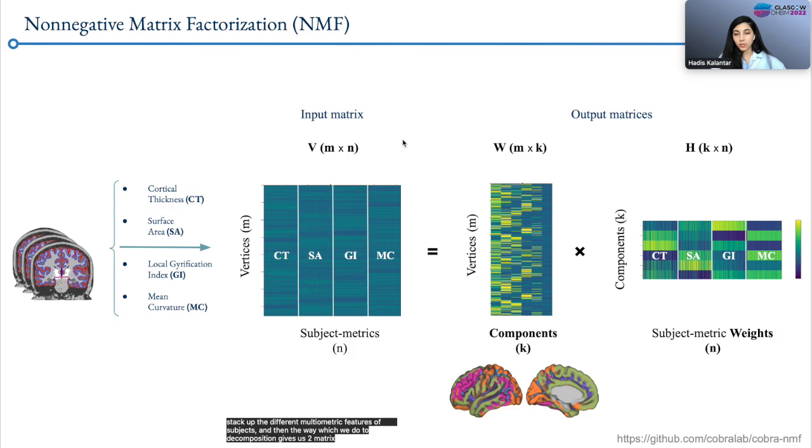One is a vertex-wise matrix, which gives you a weight at each vertex across a number of user-defined components, and then we can look at how each of these components gets a specific contribution from the cortical thickness measure, surface area measure, gyrification index measure, and mean curvature measure across all subjects that we are analyzing in our data.